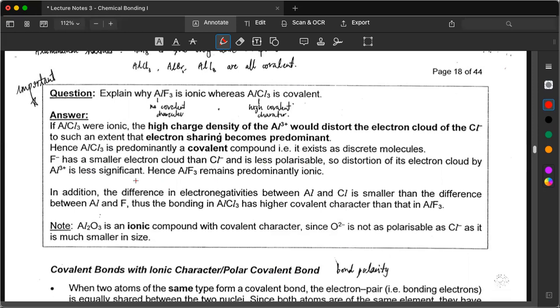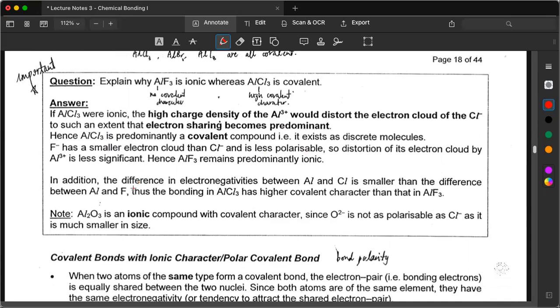So aluminum fluoride is predominantly ionic. In addition, the difference in electronegativity between aluminum and chlorine is smaller than between aluminum and fluorine. This is another reason why aluminum fluoride is ionic and aluminum chloride is covalent.